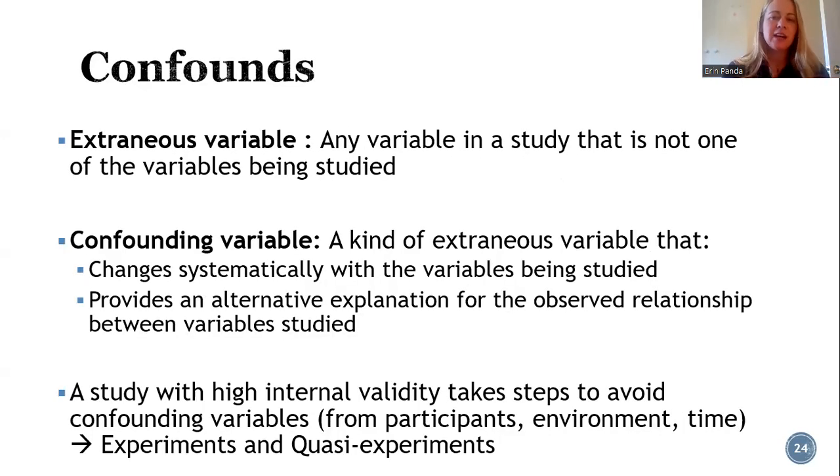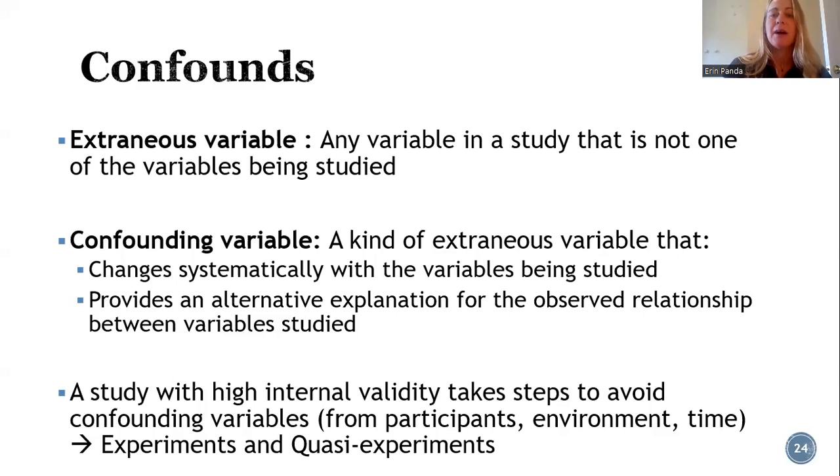A confounding variable, as we'll talk about more throughout the course, is any variable in the study that is not something we're interested in, that varies with the variables that we are interested in, and that could provide an alternative explanation for the relationship.